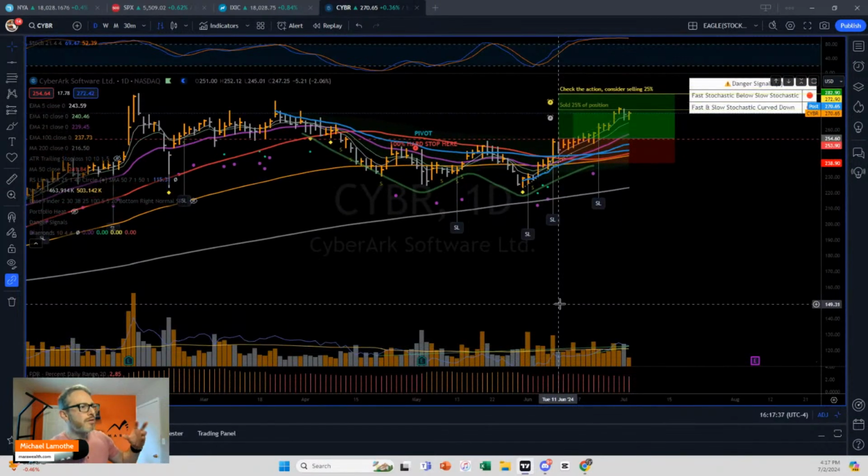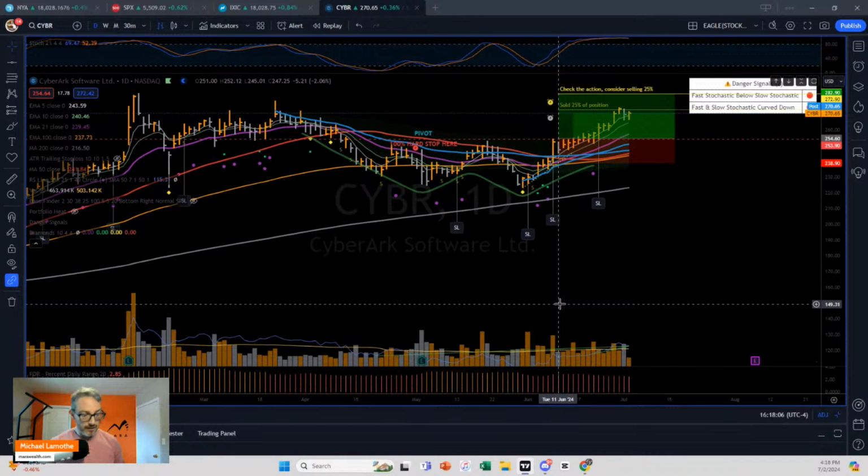It's more than just that it happened to be setting up, more than that it happened to be a sector leader at the time. Those things helped as well. But also, a whole bunch of stocks in the cybersecurity space were all setting up at roughly the same time. When that phenomenon occurs, it tends to put a lot of wind in the sails of stocks that are setting up and getting ready to break out.